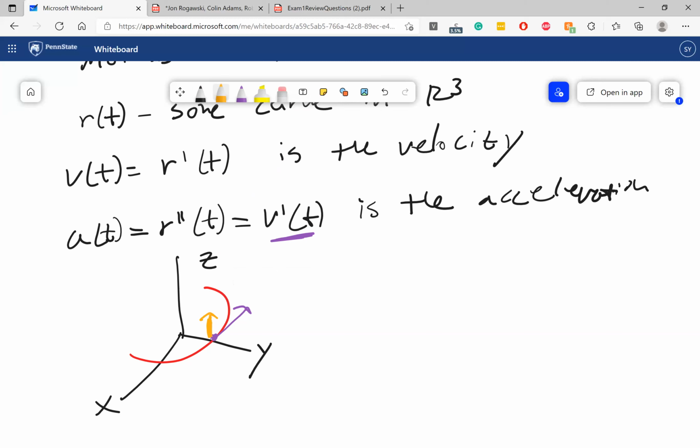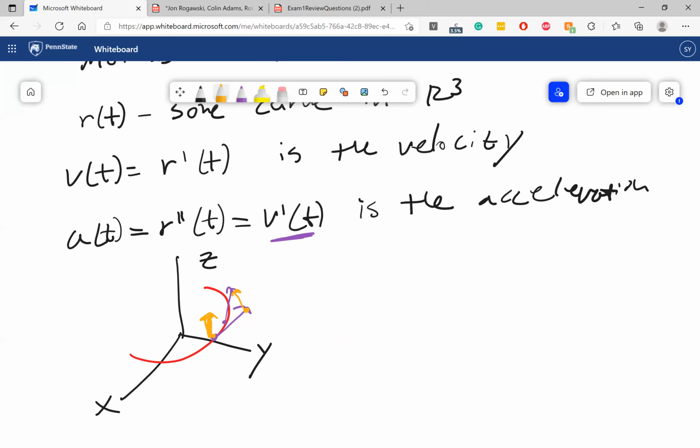And that tells you how your velocity vectors are changing. Any questions about this? Why does the acceleration point in towards the curve? Because this velocity vector in the next step will look like this. And so the acceleration is kind of the difference between the first velocity vector and the second velocity vector. It tells you how that velocity vector changed, but you still put it at this point.